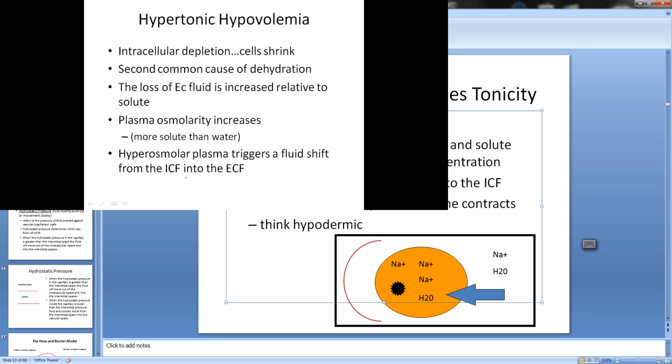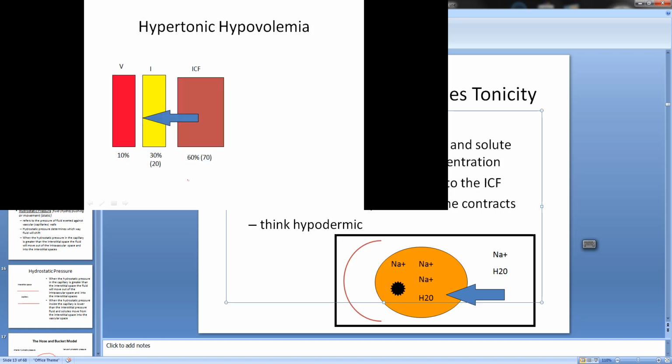So the next type of dehydration that occurs, which is sort of rare, the second common cause of dehydration, usually occurs due to, for instance, metabolic acidosis, as in diabetes, the DKA. We'll talk about that as we progress this semester. But again, here's your 3 chambers.